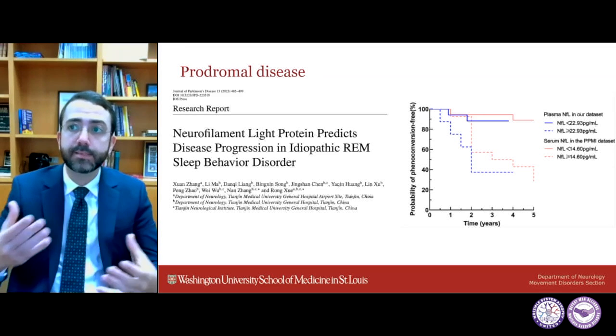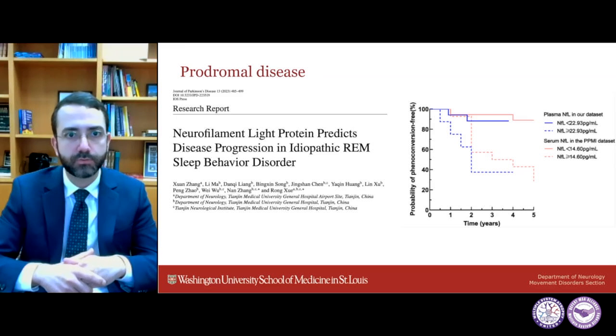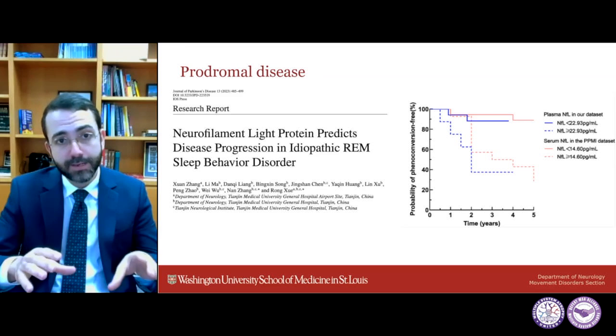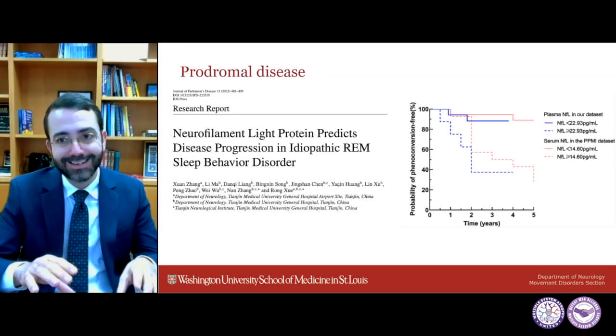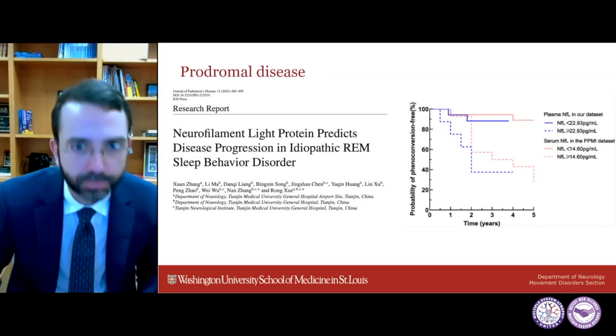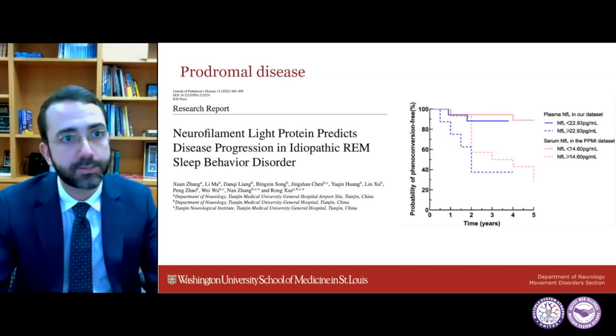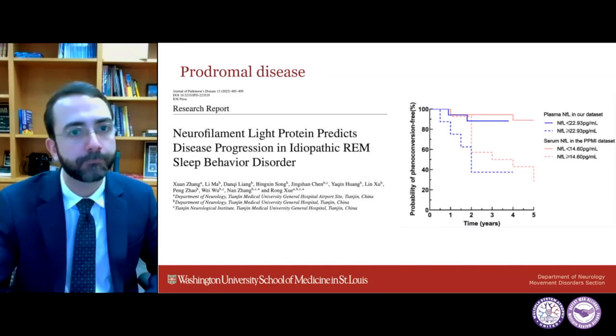And I would expect that a similar movement would also be present in the field of multiple system atrophy. So having a biomarker that can reliably predict who is going to develop these diseases would be extremely important. And that's why this study is definitely worth mentioning.